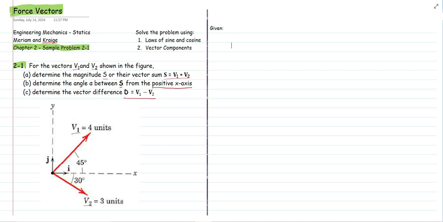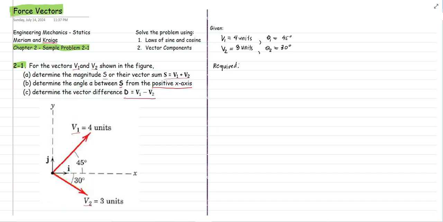We are given two force vectors, v1, which is equal to 4 units, and v2, which is 3 units. The direction of v1, or theta1, is 45 degrees from the positive x-axis, while for v2, or theta2, is 30 degrees clockwise from the positive x-axis.